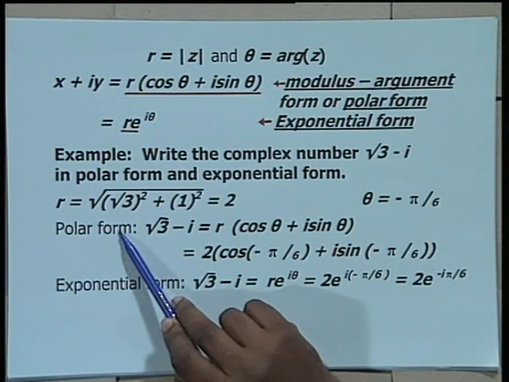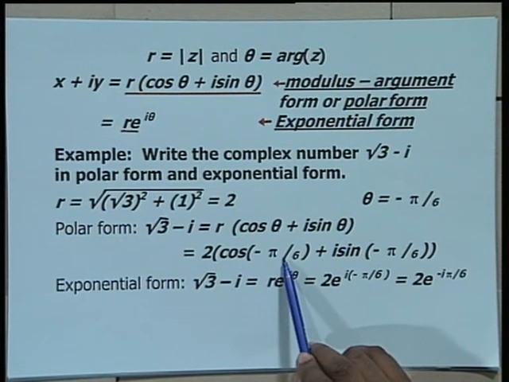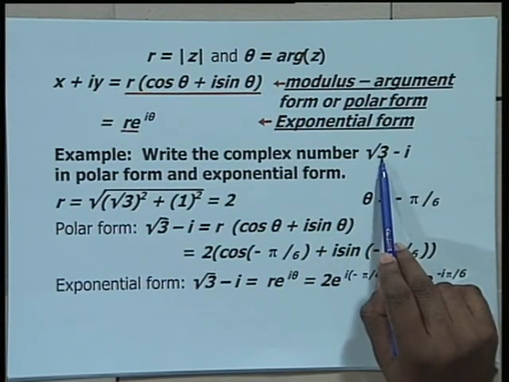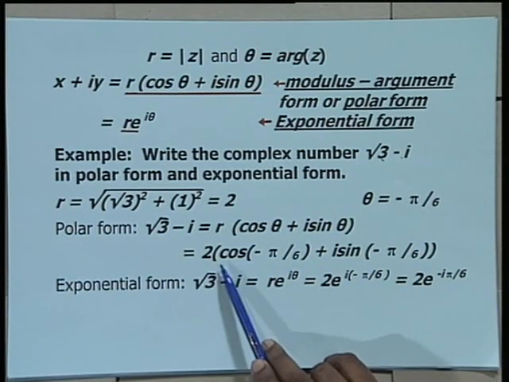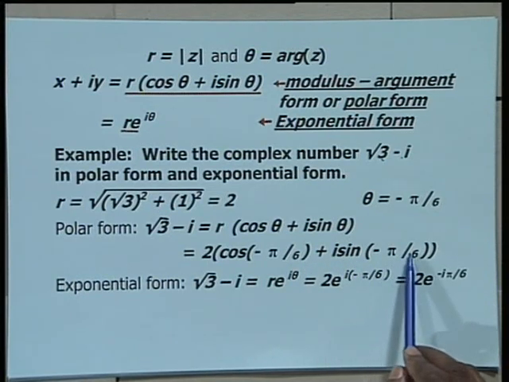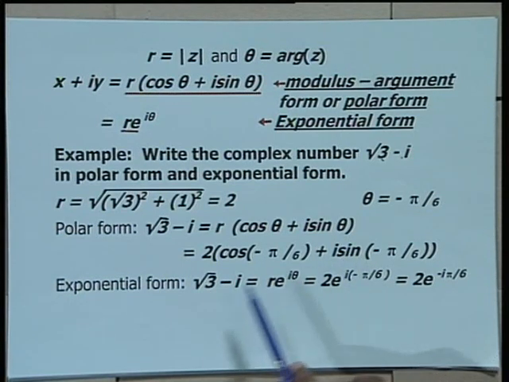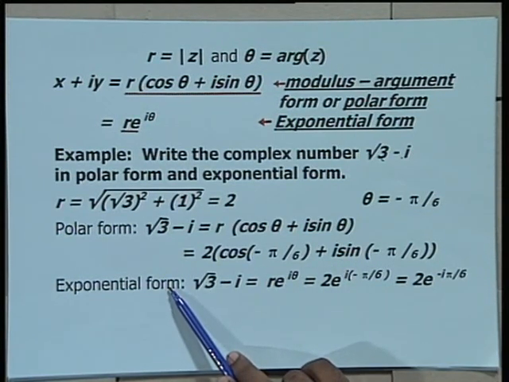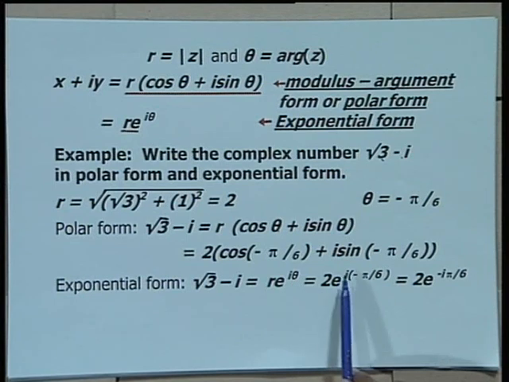To write it in polar form, we replace r by 2 and theta by minus pi over 6. So that root 3 minus i is nothing but 2 times (cos of minus pi over 6 plus i sin of minus pi over 6). So this is the polar form. The exponential form can be written as follows. We just replace r by 2 and theta by minus pi over 6.